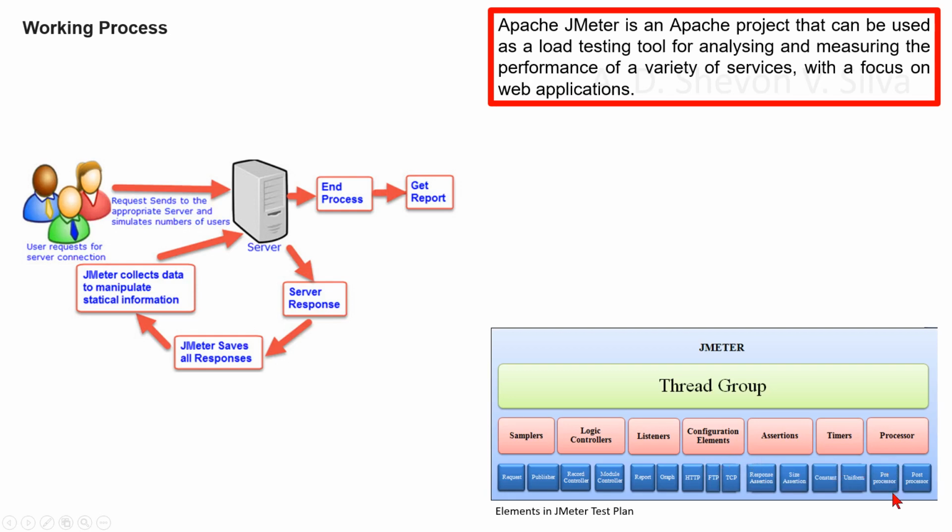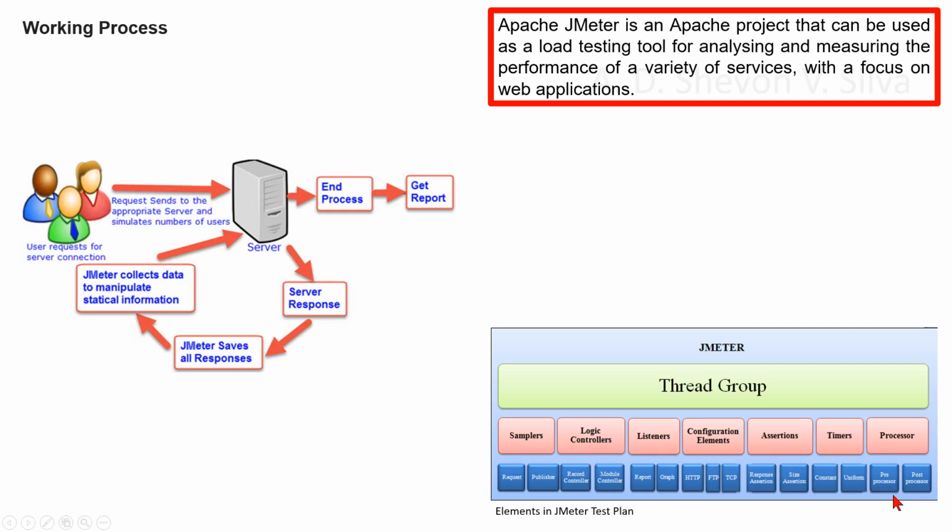Preprocessor elements. A preprocessor element is an interesting thing that executes before a sampler executes. It's basically used to modify the settings of the sampler request before it runs, or update variables that are not extracted from response text.